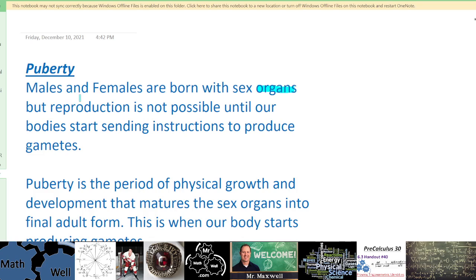We cannot reproduce until our bodies start sending the appropriate instructions to produce gametes. We talked about gametes, how those are the sex cells that have half the genetic information. They are prepared and ready to unite with another gamete that has the other half of the genetic information to produce the offspring.